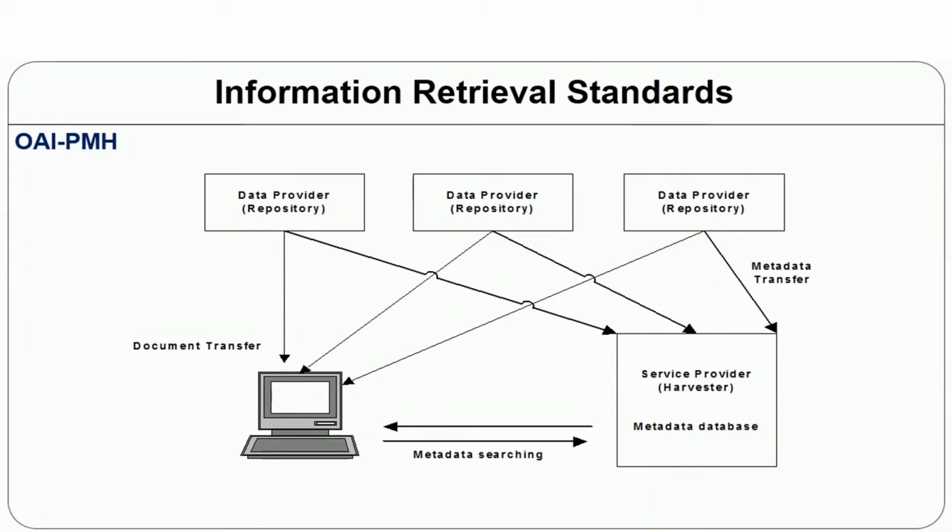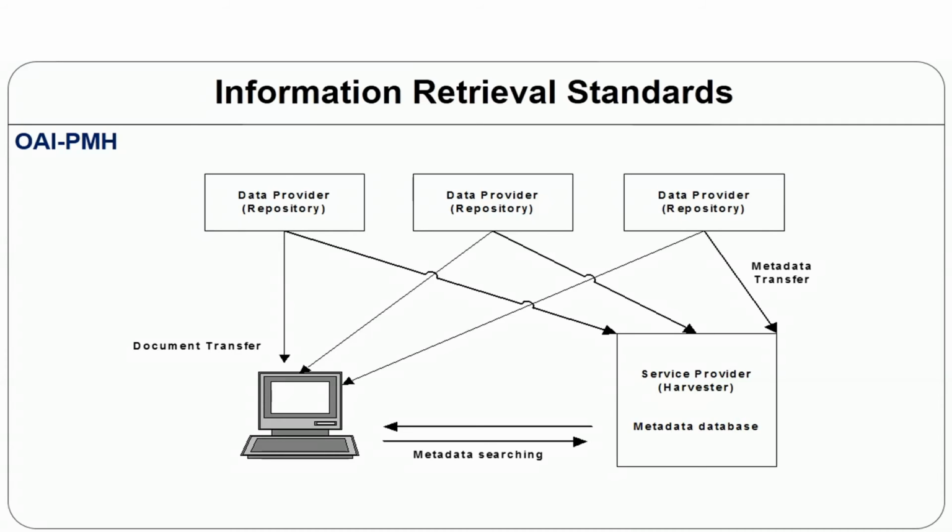Let me show you how OAI-PMH works with a diagram. There is a client requesting a document and someone has to provide it. Client means harvester. At the top you have many repositories lined up: data provider repository 1, 2, 3.